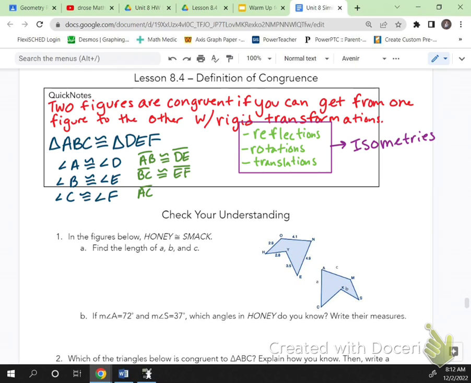And AC would be congruent to DF. Why is this important? Well, if we have congruent figures, their corresponding parts need to match up. Okay?